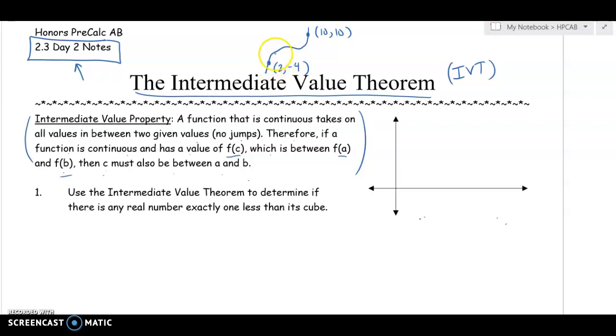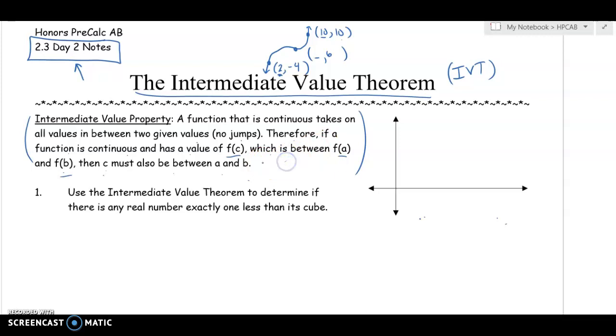Well, by the intermediate value theorem, this function is definitely continuous, and if at 2 you have a y value of -4, and at 10 you have a y value of 10, that means that somewhere in here you definitely have to have a y value of 6, because you're going from -4 and you're ending at 10. It's continuous, so at some point you have to end up at 6. That's what the intermediate value theorem is all about.